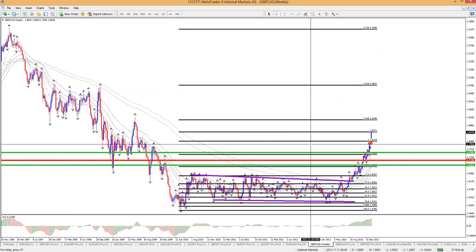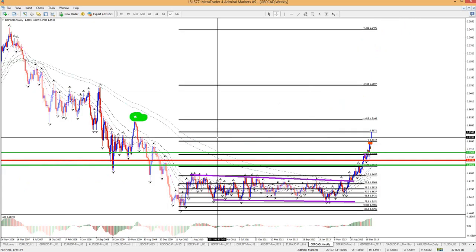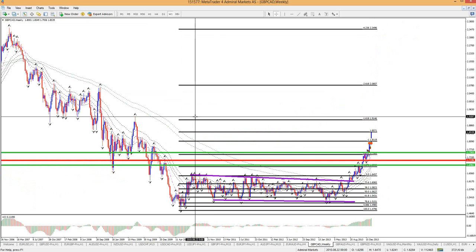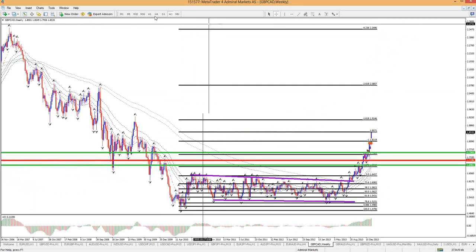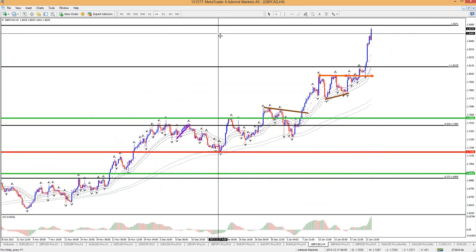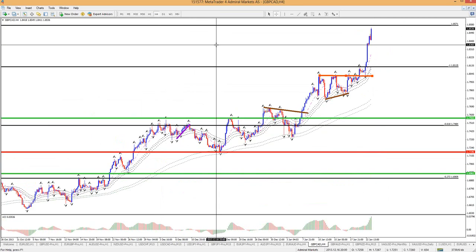Difficult to say, but this next resistance is only at 193, so there could still be some space up, in fact. So after some correction, we could see this uptrend continue until that 193.